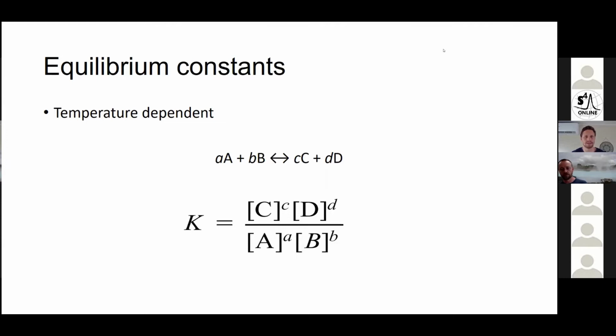So an equilibrium process or reaction is one which can go forwards and backwards, and we can write generic relations for this. Here we have a generic equation where the reactants A and B, the large A and large B, produce the products C and D. And likewise, C and D can react to produce A and B. The small letters in italics denote what's called the stoichiometric coefficients.